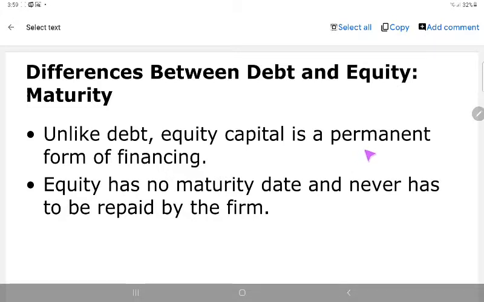Dahil transferable ang ownership eh. Pag ayaw na nung bumili ng stock mo, pwede niyang ibenta ulit. Diba? Hindi mawawala. Tsaka wala namang maturity. Diba? Yun. At hindi mo kailangan, wala kang babayaran. Pagdating doon sa, wala naman kasi siyang principal. Diba?